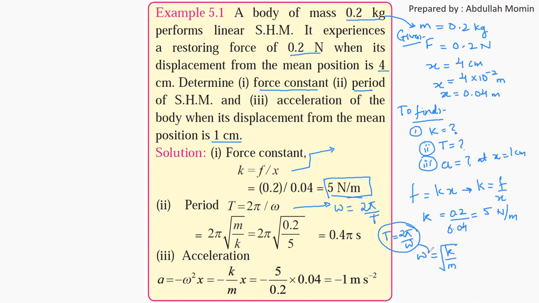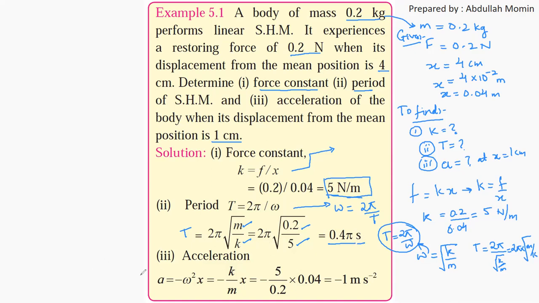When you put this into the equation, we get T is equal to 2 pi divided by root k by m, which is 2 pi root m by k. Here m is the mass of the body and k is the force constant. When you put in the values, you will get 0.4 pi seconds.